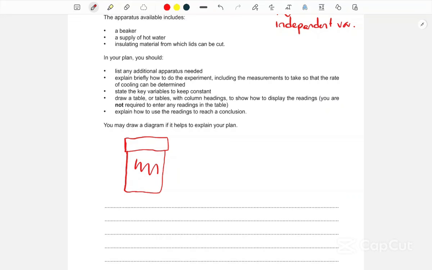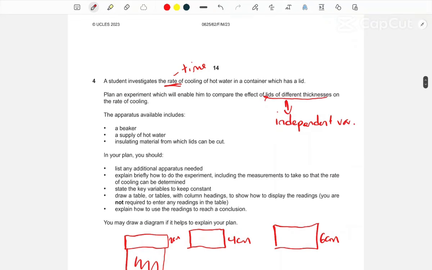And then we do this for different thickness of lid. So let's say this could be 2 centimeters, this could be 4 centimeters, and then we could have another one which is 6 centimeters. So we measure the temperature change for each one, for each thickness of lid.